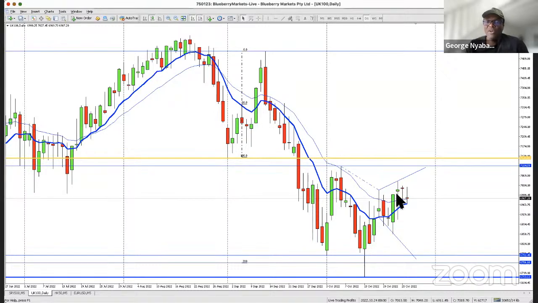If you just look at that particular doji candle, the measured move of it is going to be somewhere up here. And what we have up here is the beginning of this bear breakout.